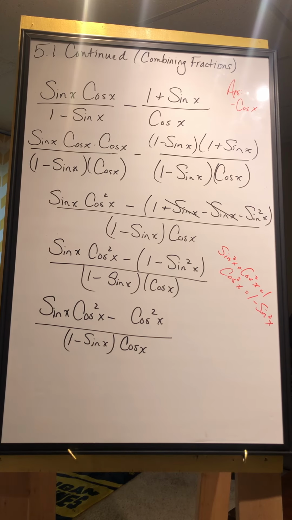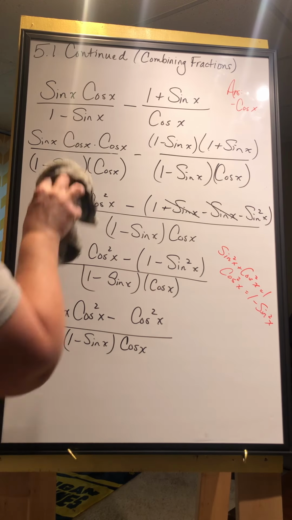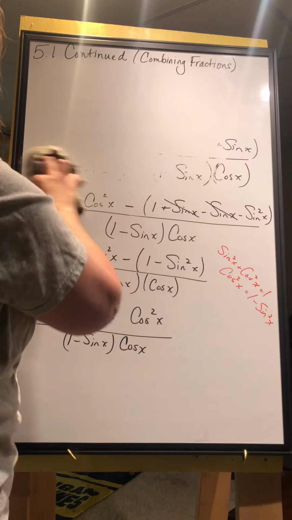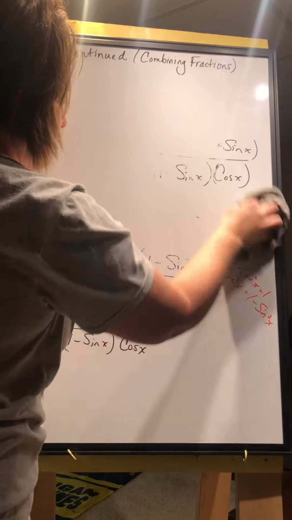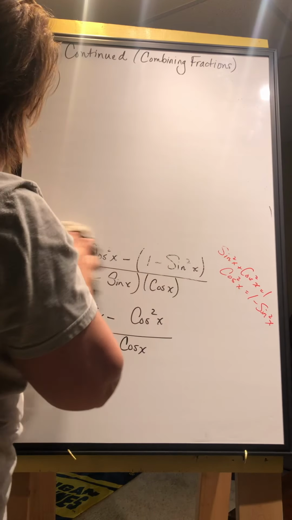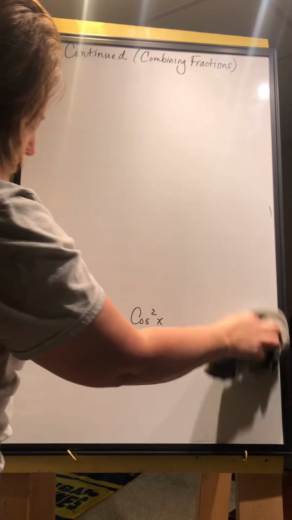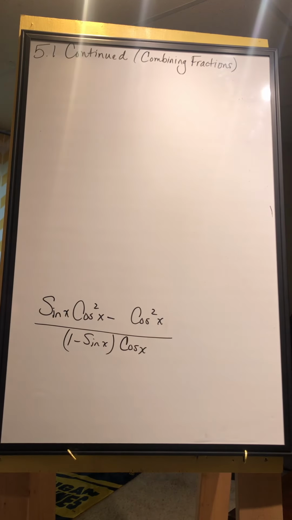I'm going to erase some of this up here so I can write up here. Okay, so what I'm going to do is factor this cosine squared out.